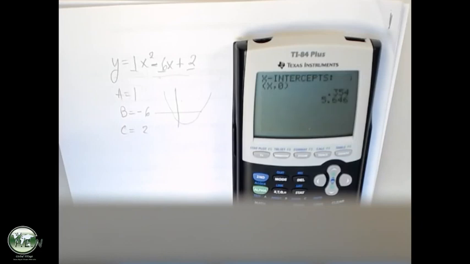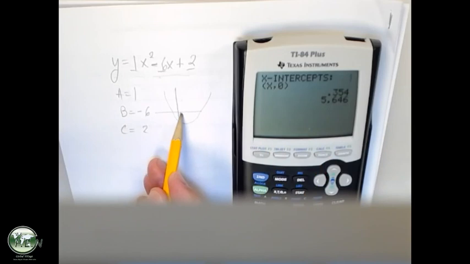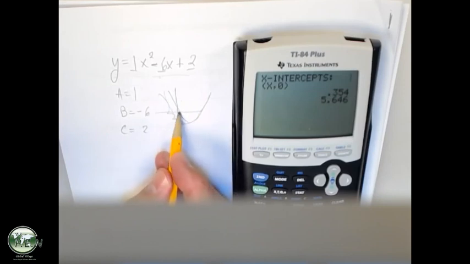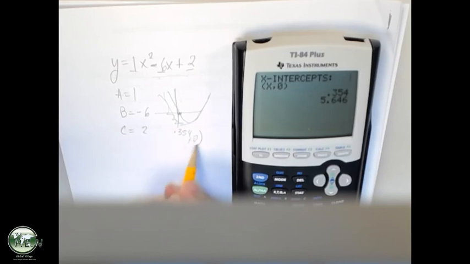So view results. The first thing it gives me is my X-intercepts. And notice it's X, 0, and here are the 2 values. So yeah, I've got mine maybe not drawn so well. Let me fix mine a little bit. Like that. So one of the X-intercepts is here at 0.354, 0.